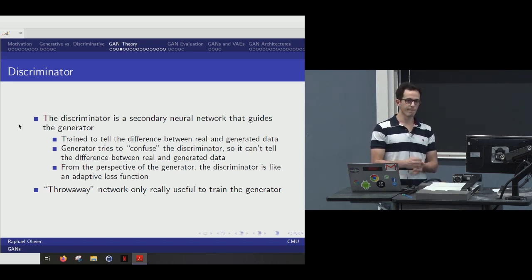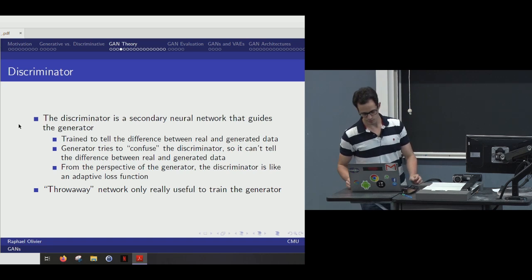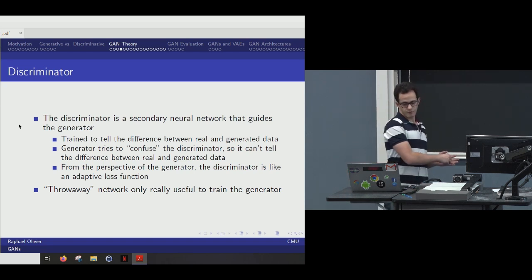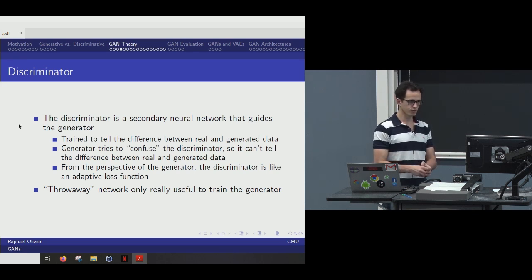You train it like a binary classification network, and its labels are 1 if the image is real, and 0 if the image is generated by your generator. We're going to say fake images for that. That's usually the term that we use. So the generator's job is to fool the discriminator into not being able to tell that the images are fake.